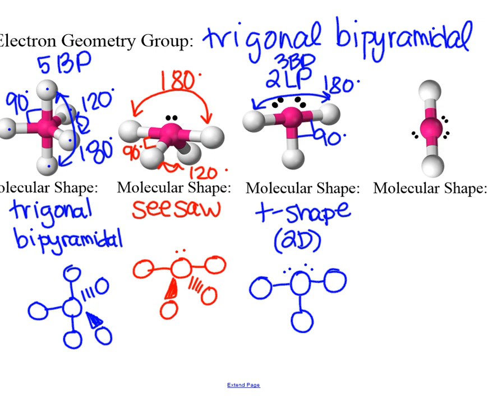Last one over here, what happens when we have 2 bonded pairs and 3 lone pairs? All of the lone pairs take the positions of the bonds that were on the equator. So all of those are still taking the equator position. They're still spread out 120 degrees from one another.